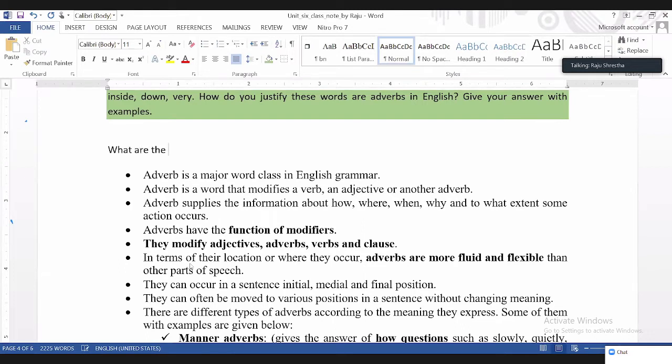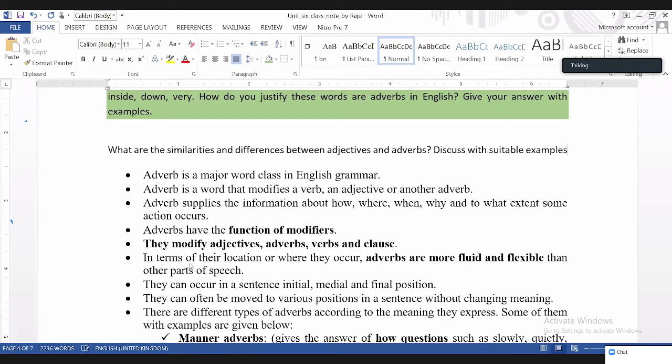What are the similarities and differences between adjectives and adverbs? Discuss with suitable examples.